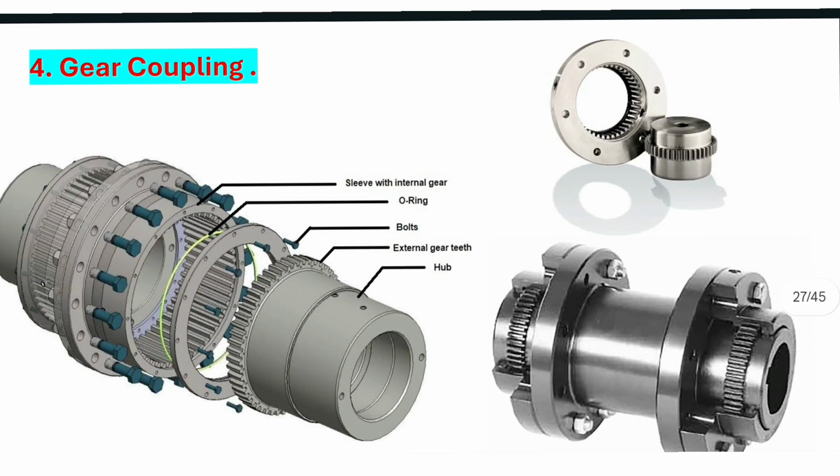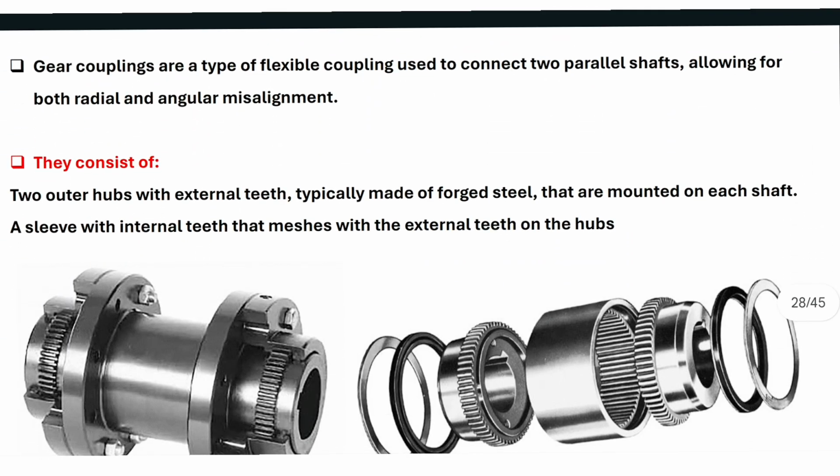Okay. Next is the gear coupling. This is the gear coupling. Gear couplings are a type of flexible coupling used to connect two parallel shafts, allowing for both radial and angular misalignments.